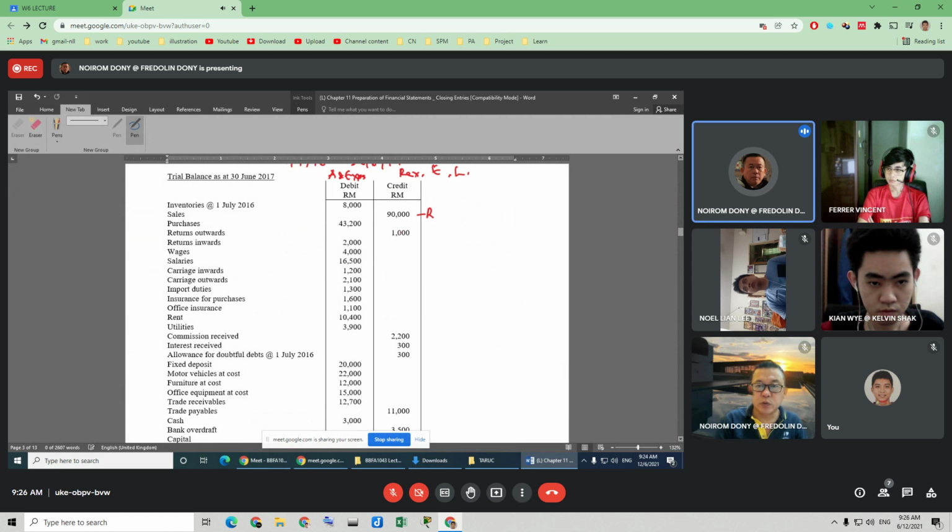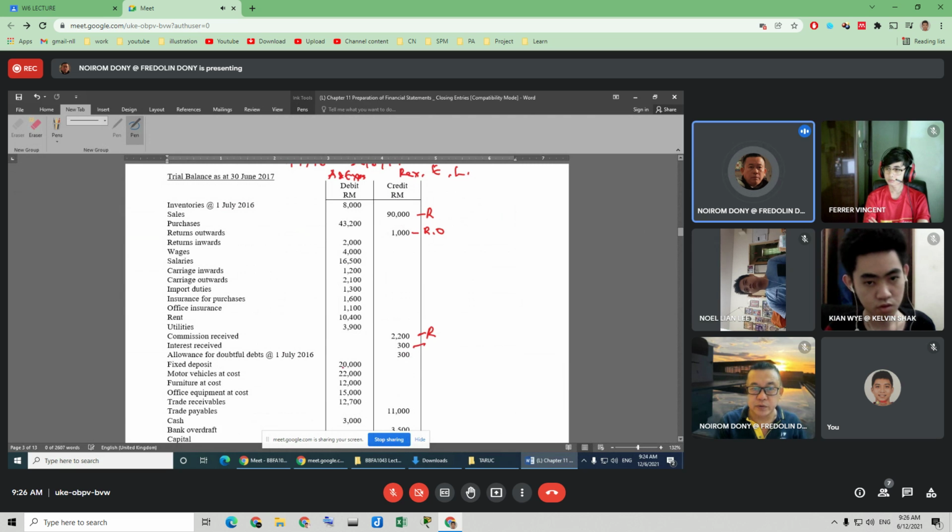And then return outward is reducing the inventory. So this is purchases return, return outward, so you have to minus. Commission received, revenue, other revenue.